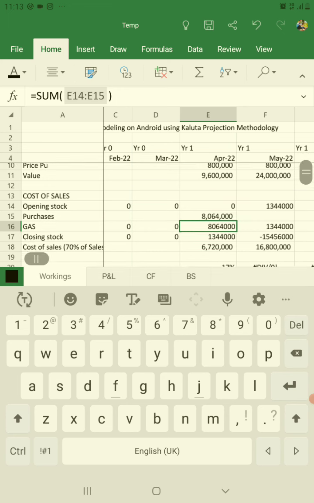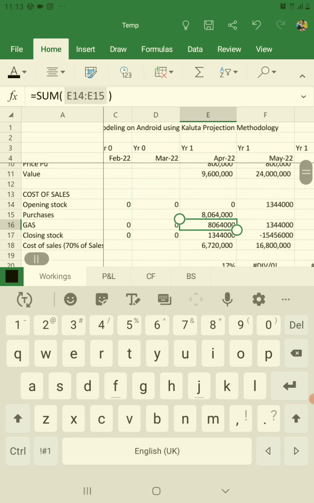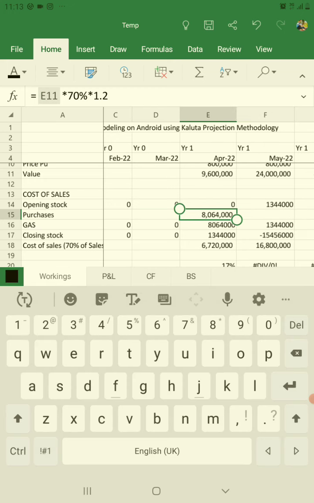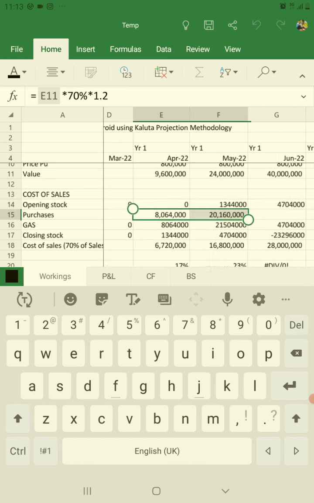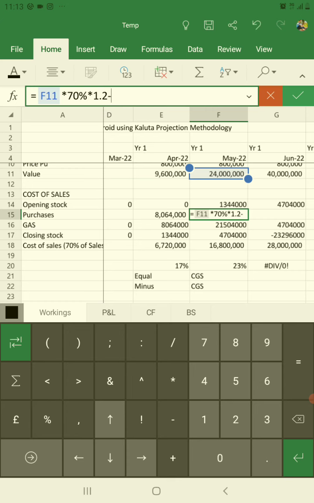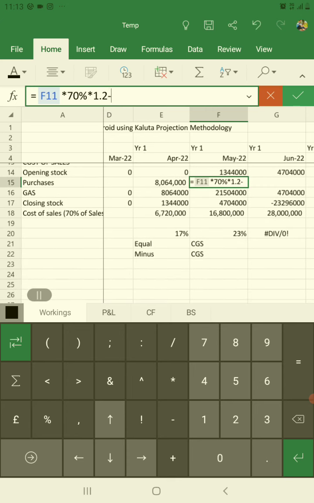Okay, and here in the coming month, I'm copying, I just fill this one again here, but I need to adjust this one to remove minus this opening, this closing stock in the previous month here, as I explained earlier.